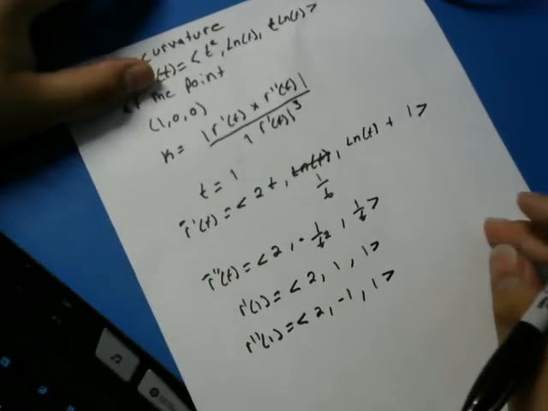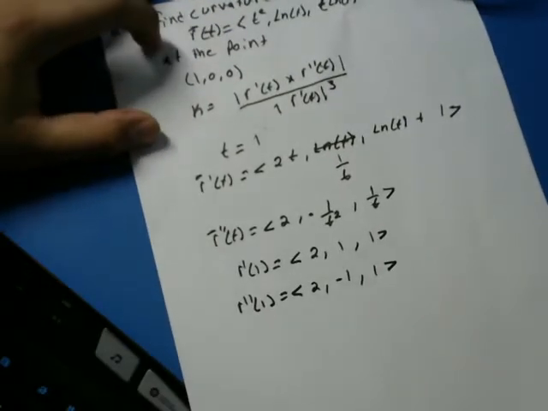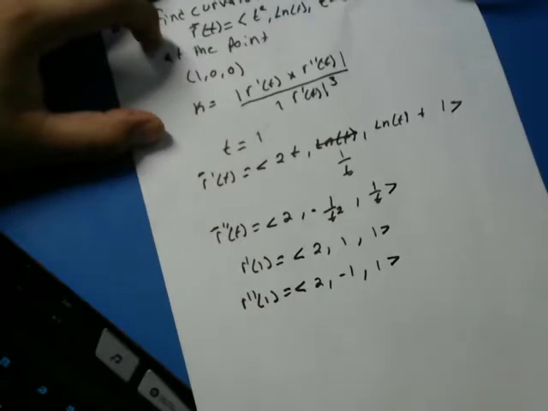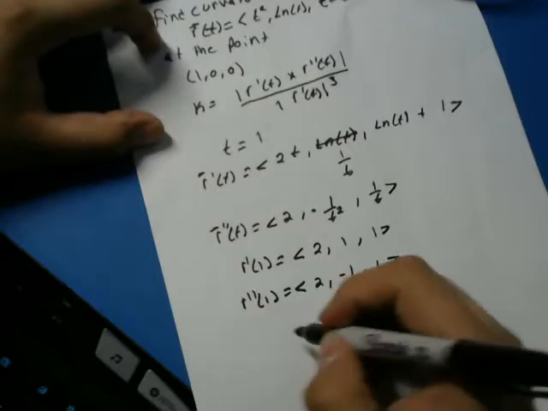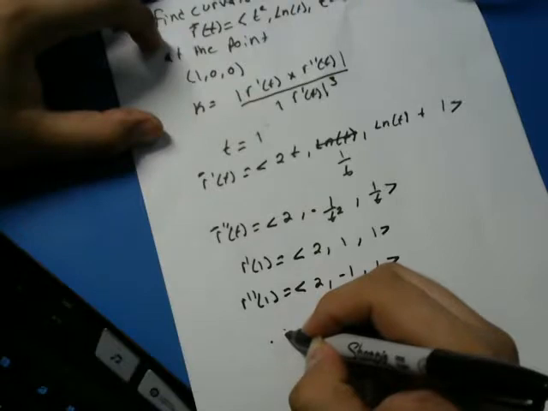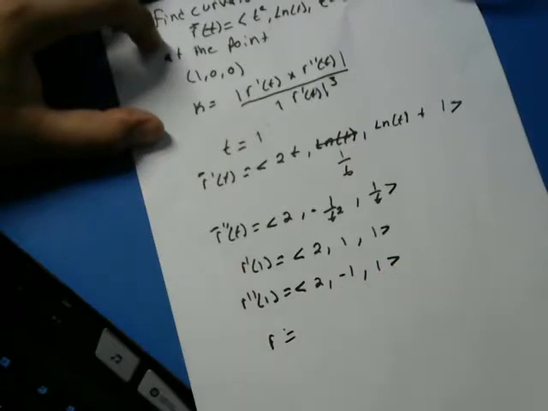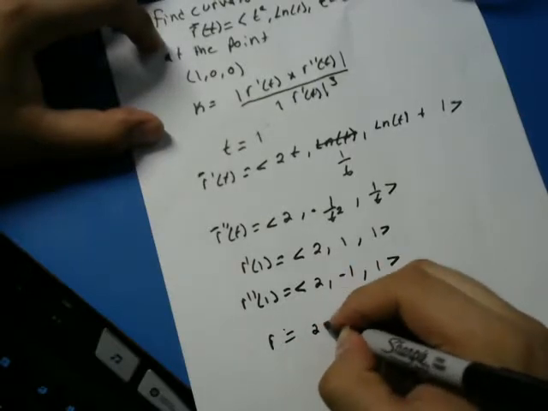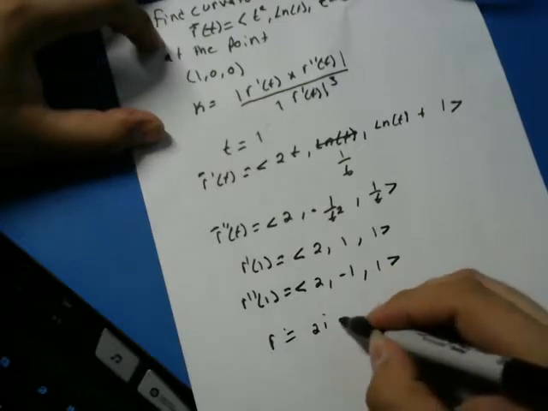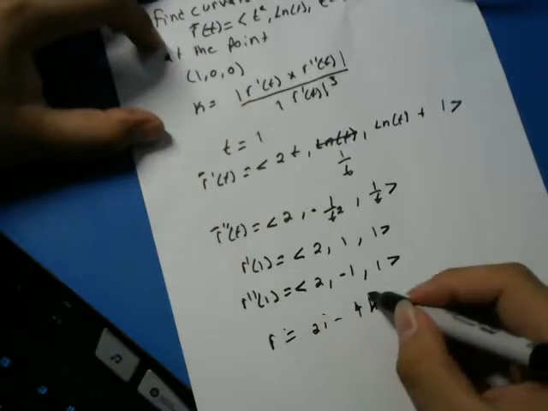Now we want to take the cross product of these two vectors. Taking the cross product would give you something along the lines of 2i minus 4k.